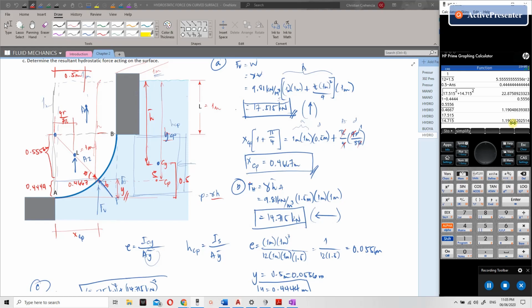Okay. So nagkaroon lang ng counting discrepancy dahil this is 5 significant figures. Ito naman is 4 significant figures lang yung mga distances natin. So we expect na hanggang 4 significant figures lang tayo magiging accurate dun sa result, which is 1, 2, 3, 4. So 1.190. Okay? So that proves na yung total hydrostatic force will pass through the center of the circle.